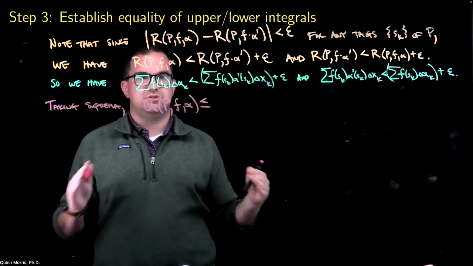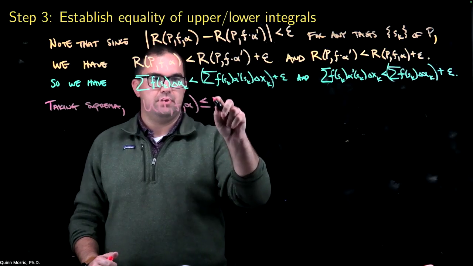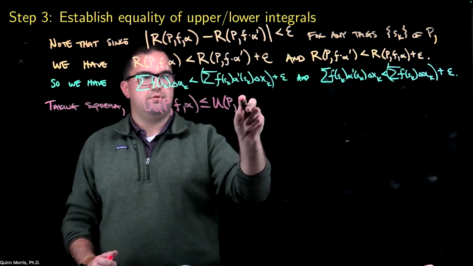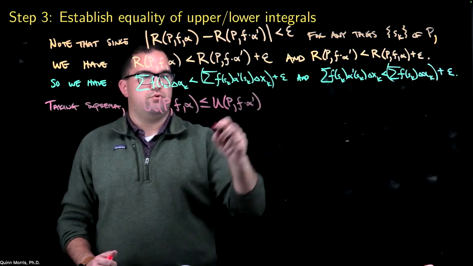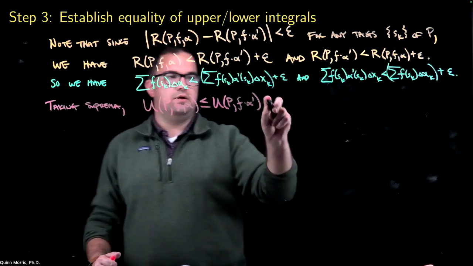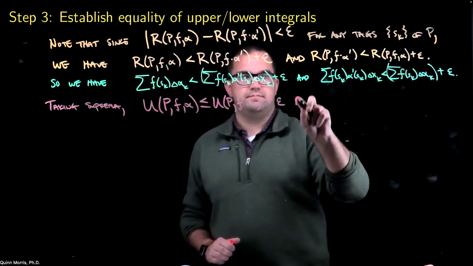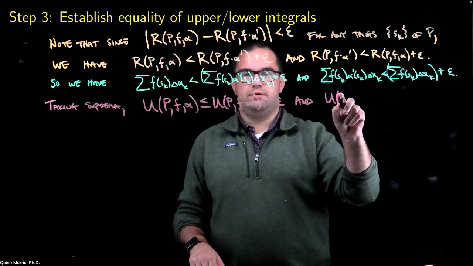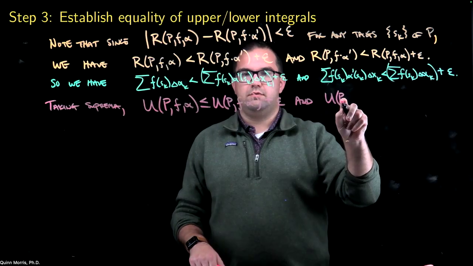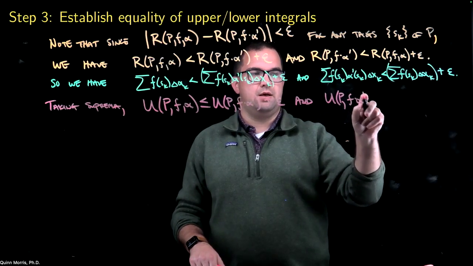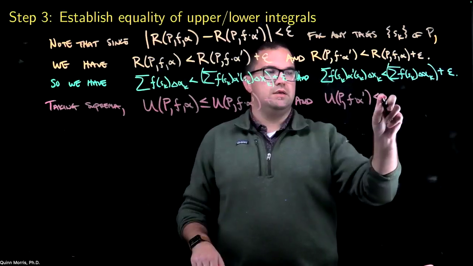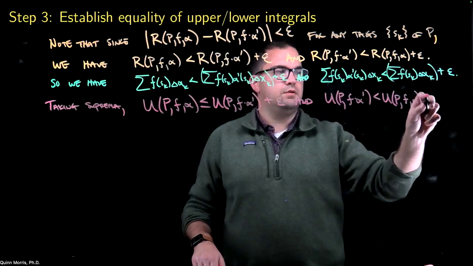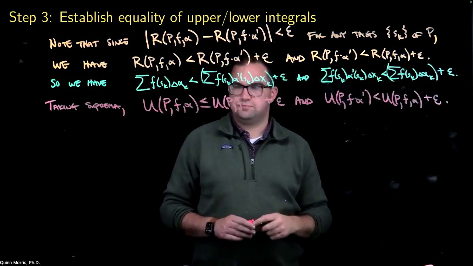Again, when you pass to limits, strict inequalities can become equalities. So this is less than or equal to the upper Darboux sum of f times alpha prime plus epsilon. And similarly over here, you get that the upper Darboux sum of f times alpha prime is less than the upper Darboux-Stieltjes sum of f with respect to alpha plus epsilon.